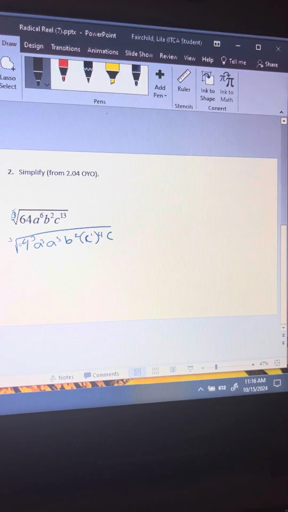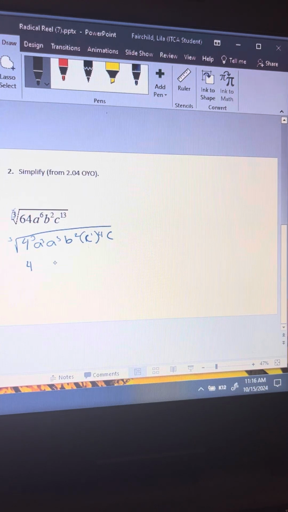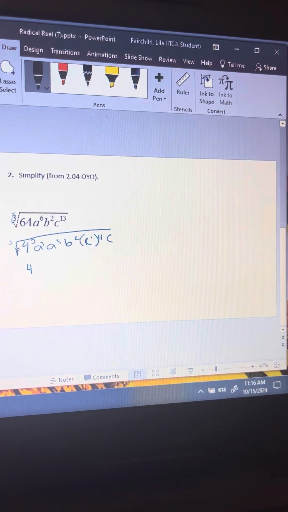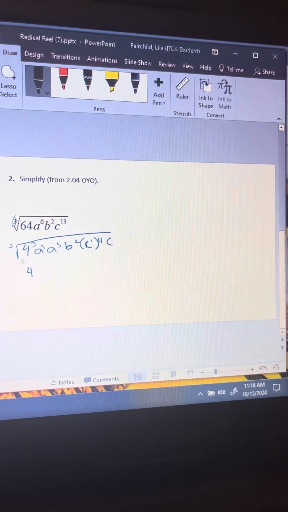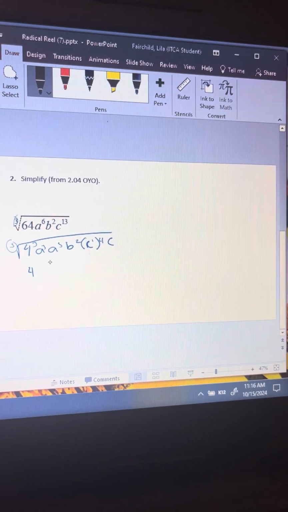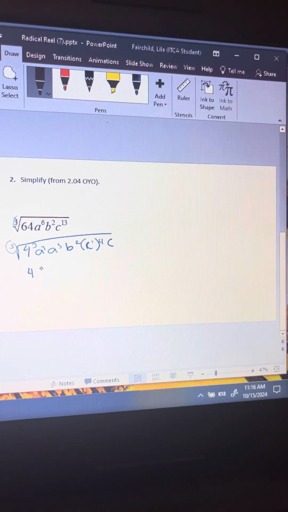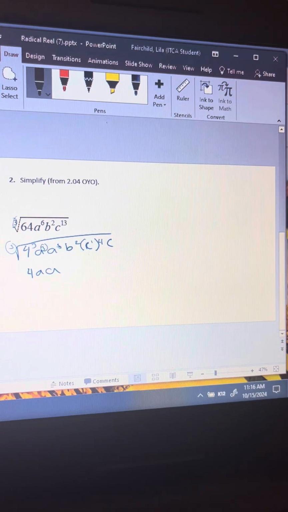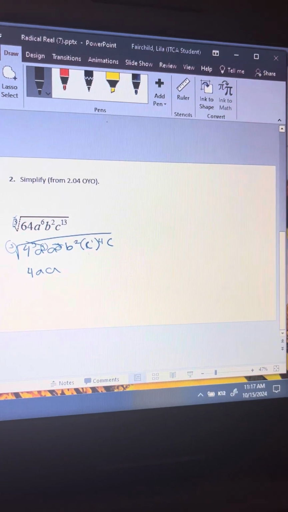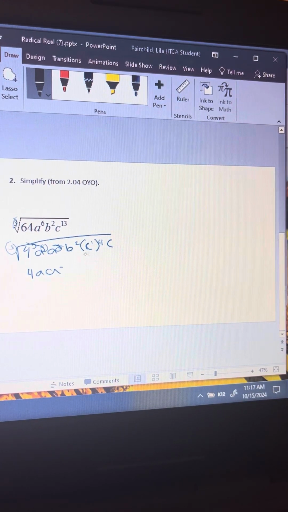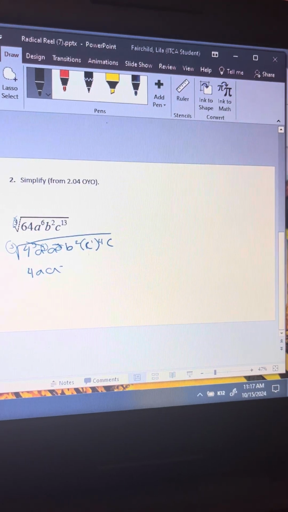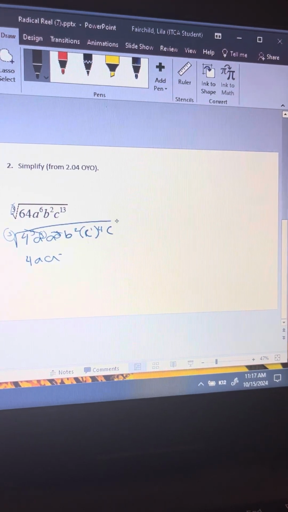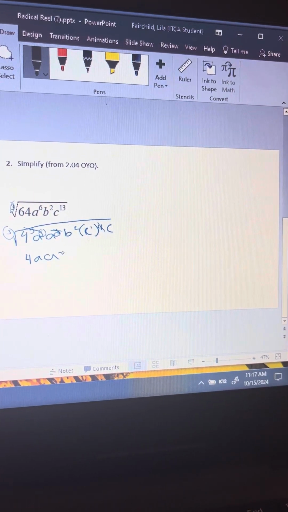And then next I'm going to make the power of 3 to the 4 go away, because this has a 3 right here. And I'm just going to put 2 a's, because it takes away the 3 from both of them. And then for c, since there's 3, I can just make it 1 c.